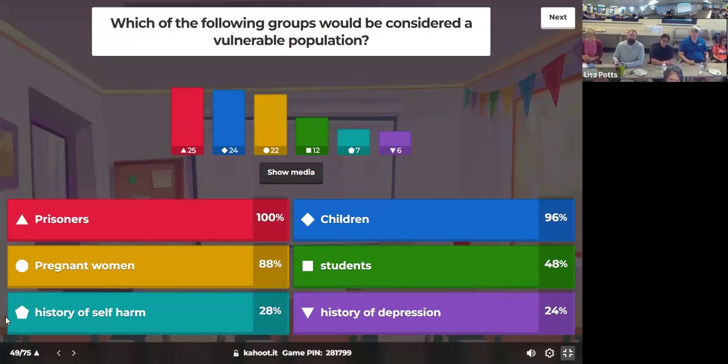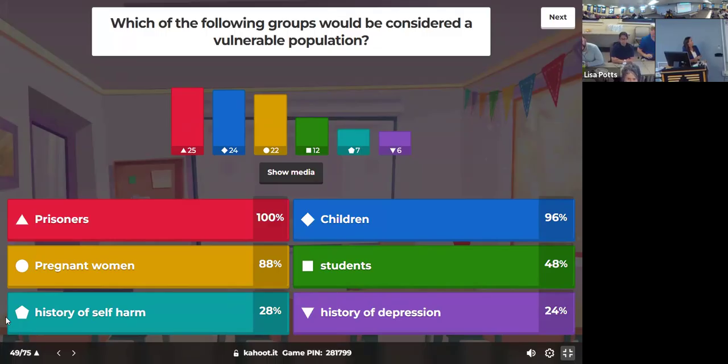So prisoners, definitely. That one automatically needs full board review, and we have special requirements. I'll have some more information on that in just a second. Yeah, children, pregnant women or fetuses or newborns, I'll lump into that one category.